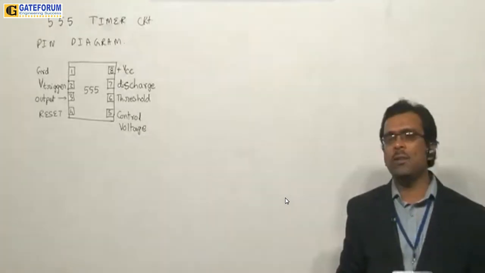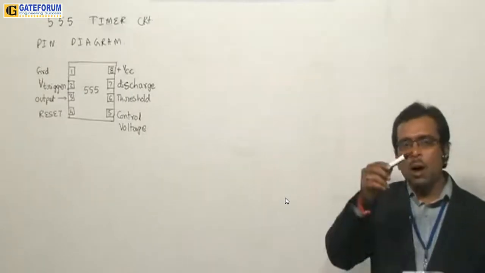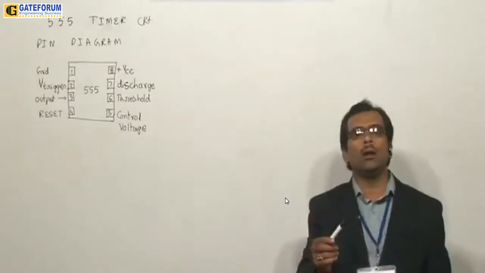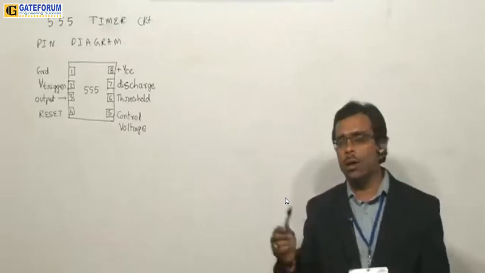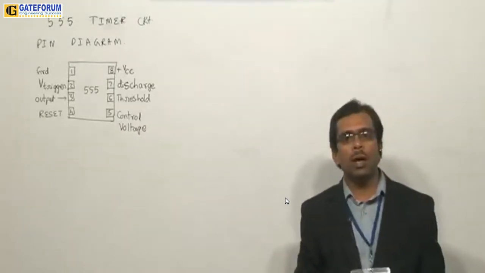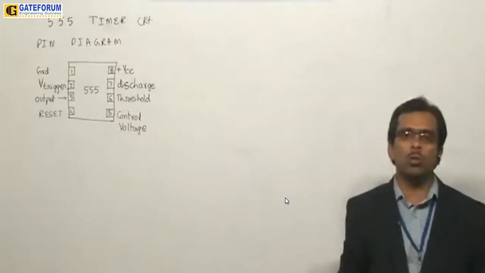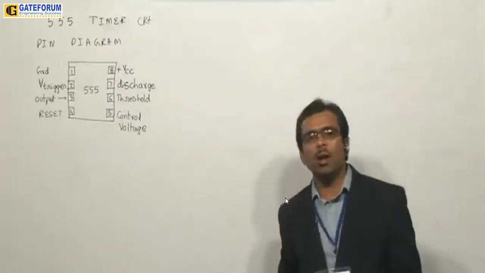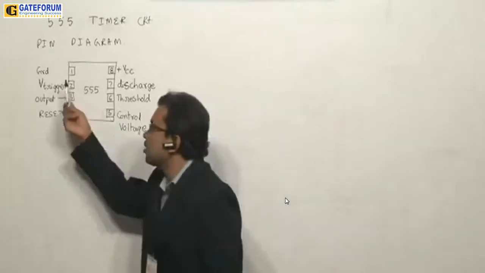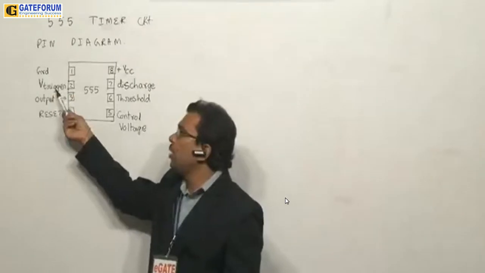If the IC is given a pin called the ground terminal, you have to bring all voltages to the ground point. That is pin number 1 in this case. Then only will you get the output properly. Otherwise you will not get the expected outputs. You will be locked somewhere, or you will get a distorted output or something else. So you should remember the importance of this pin.